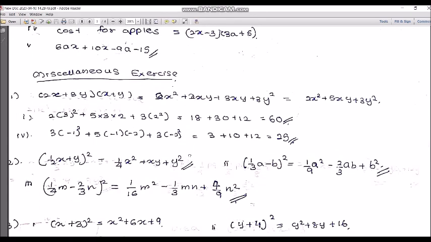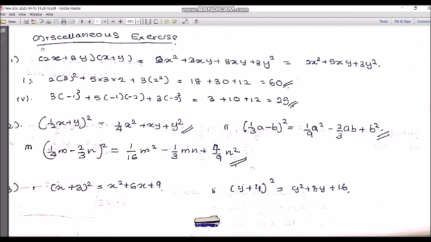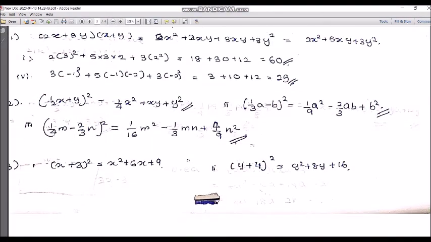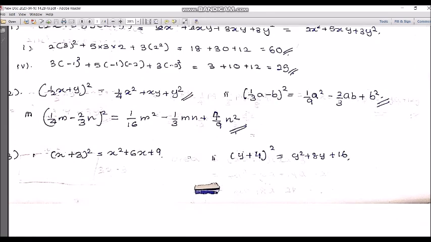In the miscellaneous exercises I have given, first we have to simplify this form. We can get this answer, and then we have to use the values given for x and y to get the answers. So you can see the answers here.